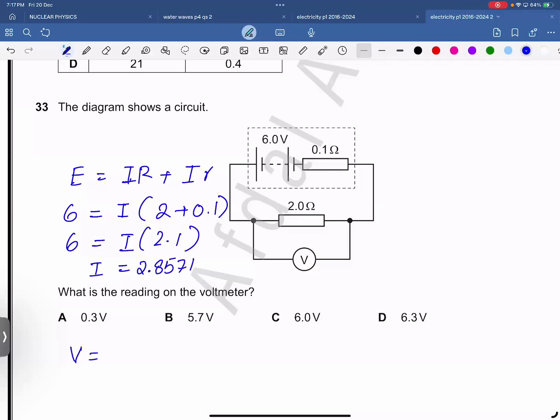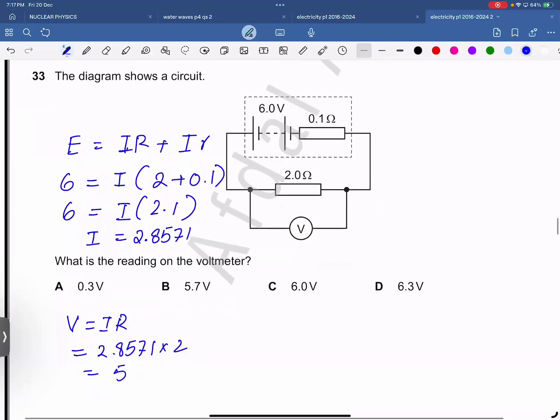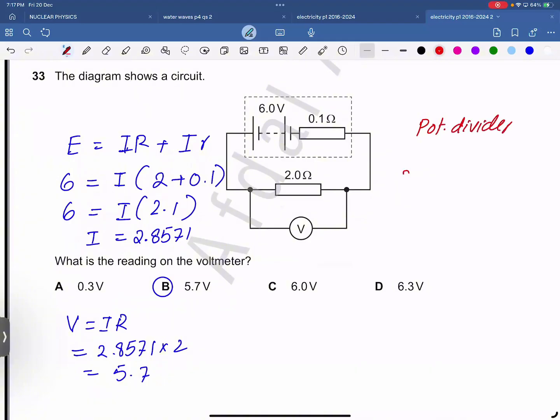Okay, so V is equal to IR. But I don't want you to do it this way. The answer is? Students, can we do the potential divider formula? It says 2 over 2 plus 0.1 multiplied by 6. That's 5.7.